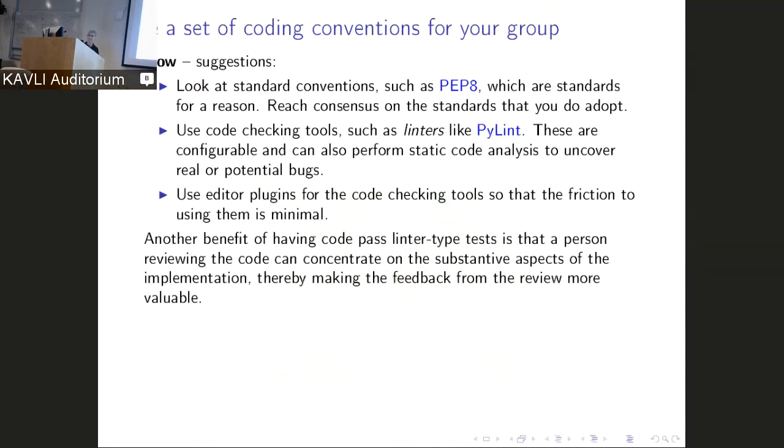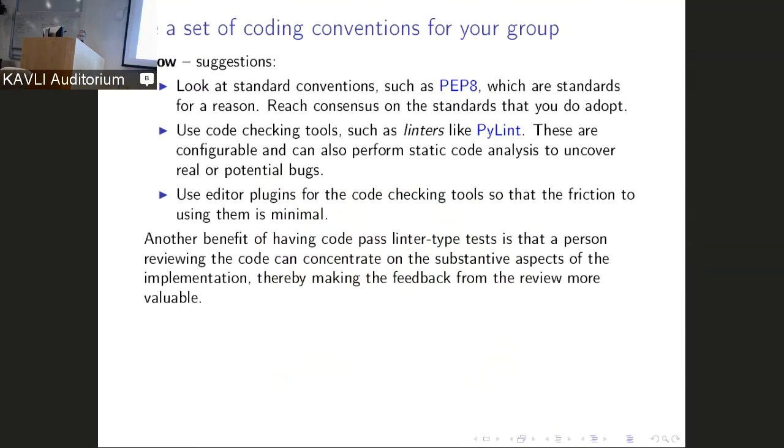But whatever you do, reach a consensus, at least within the group or project that you're working on, on a set of standard conventions that you all obey. You can help this by using code checking tools, these so-called linters. And there's this tool called Pylint, which I will demo, which basically applies the PEP 8 standards to your code, and you can run it inside of an editor, and it shows you where all the flaws in your code are.